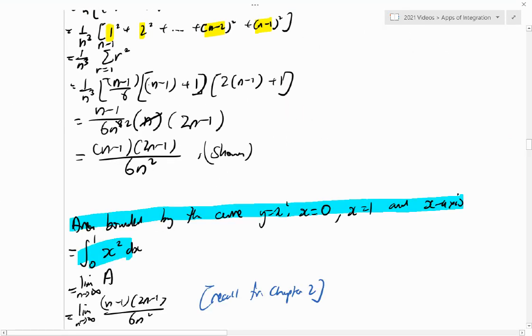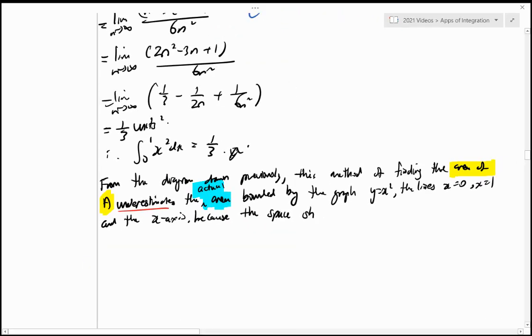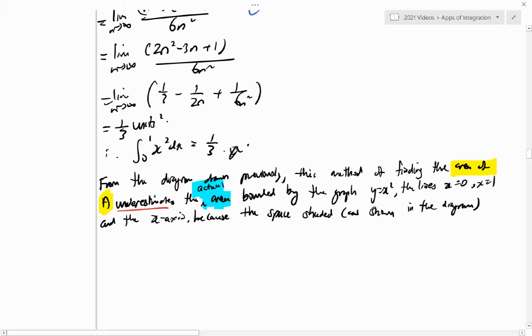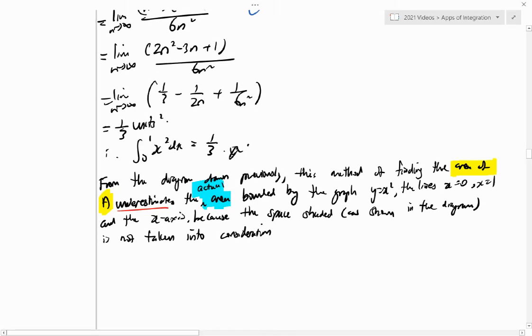So I'm going to say because the space shaded as shown in the diagram is not taken into consideration in A. All right.